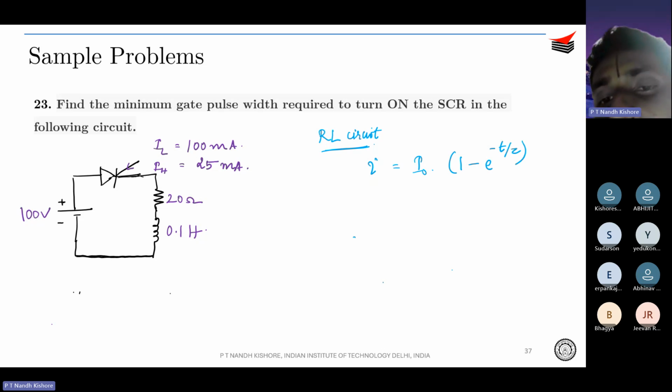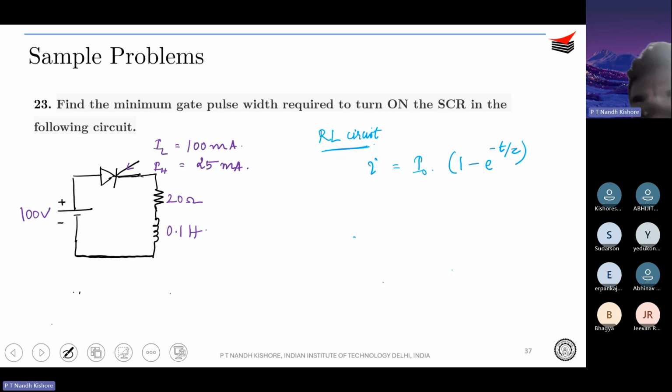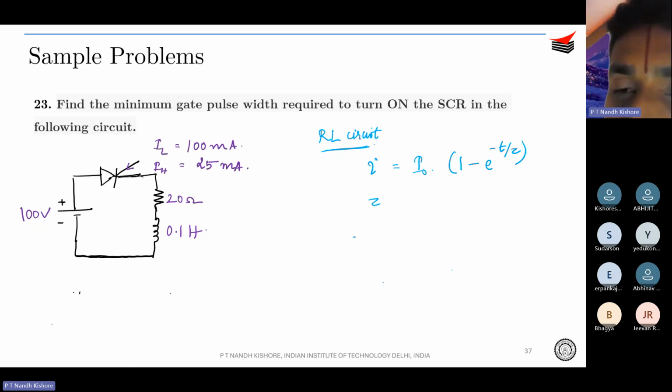All of you are aware of this, right? Where tau is equal to L by R and your I naught is equal to V by R. Correct, simple, right?